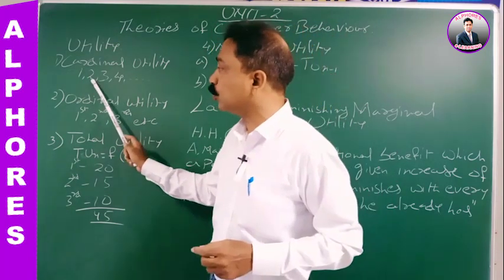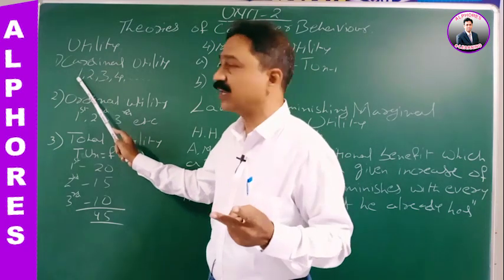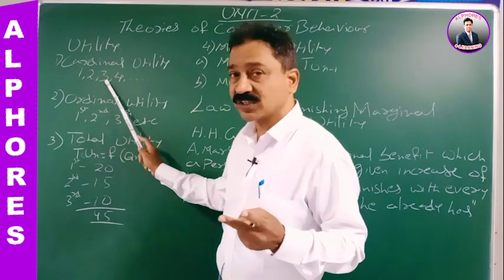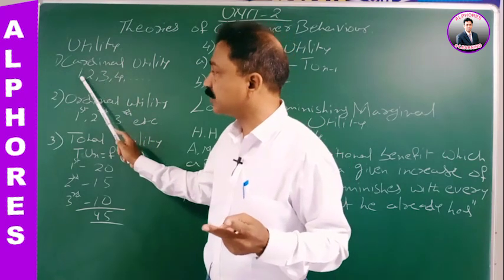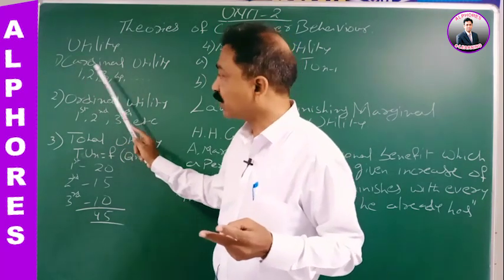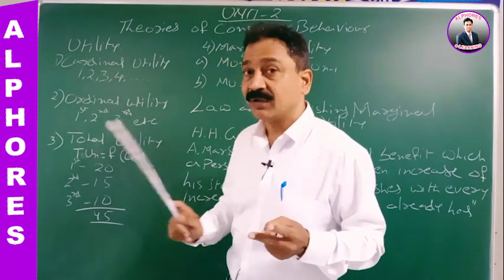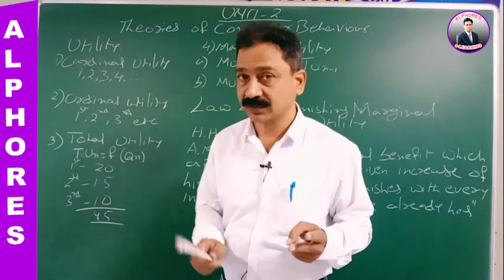And measurement also: 2 is 2 times bigger than 1, 3 is exactly 3 times bigger than 1, 4 is 4 times bigger than 1, 2 times bigger than 2.